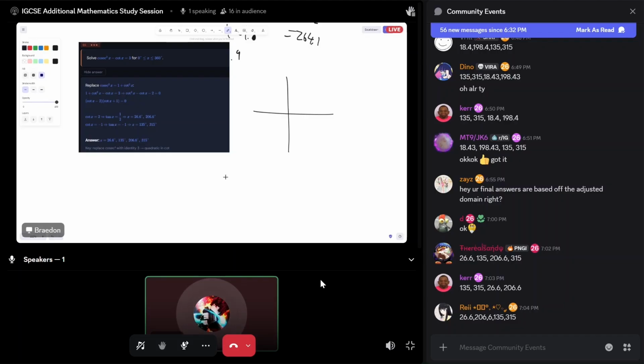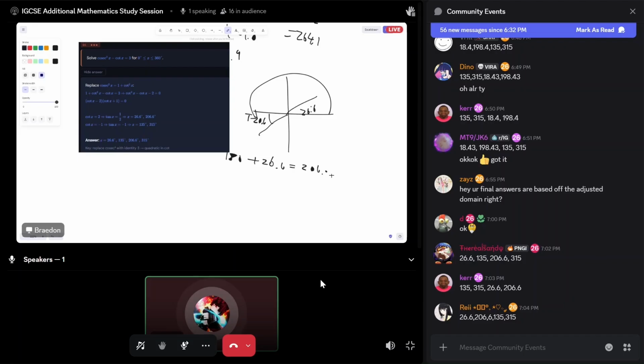For tan x equals 1 over 2, the principal value here is 26.6. With that, we can find our other value here. So that's how we find 26.6. Then the next one, which is 180 plus 26.6, equals 206.6.